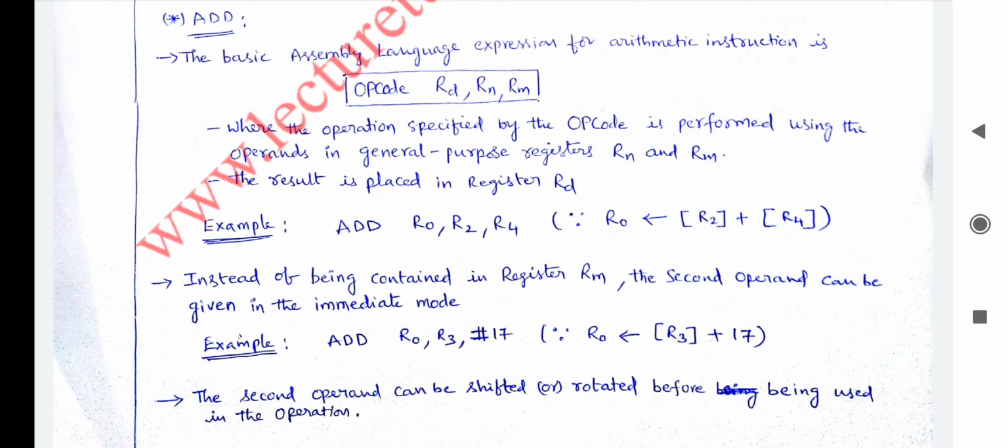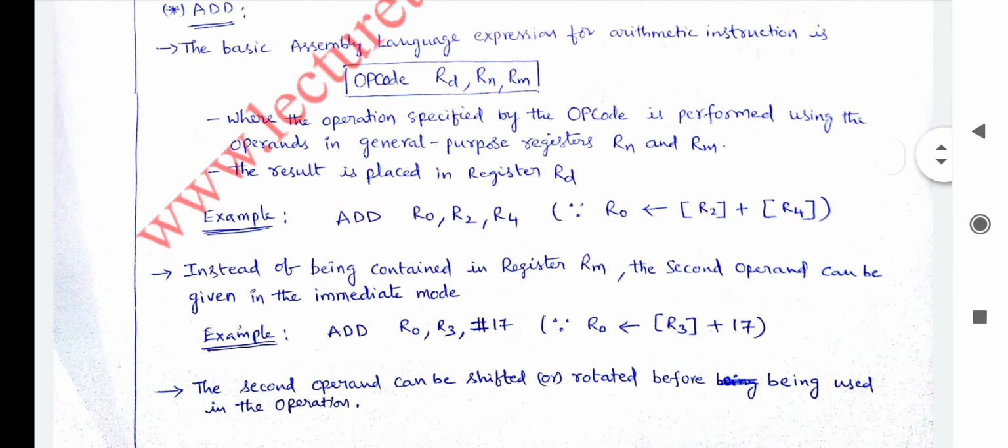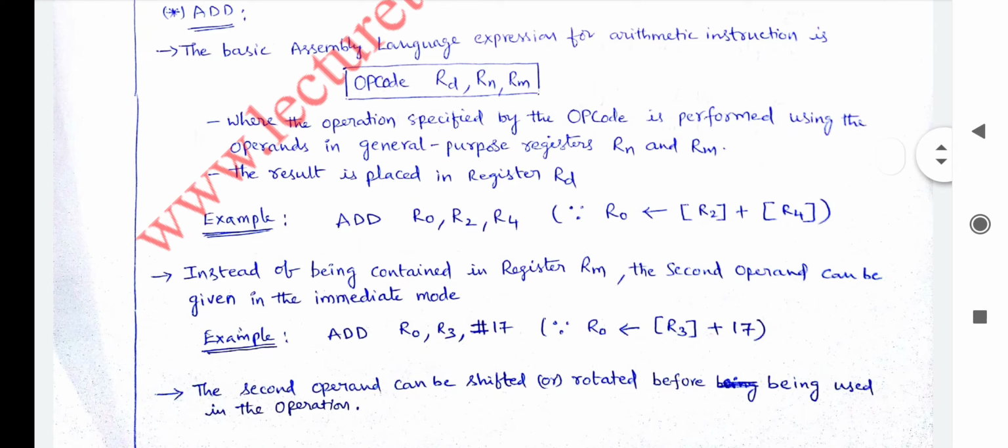Right? Instead of being contained in the register Rm, the second operand can be given in the immediate mode. Okay, here we can also use, instead of using two registers, one register as operand and one immediate.